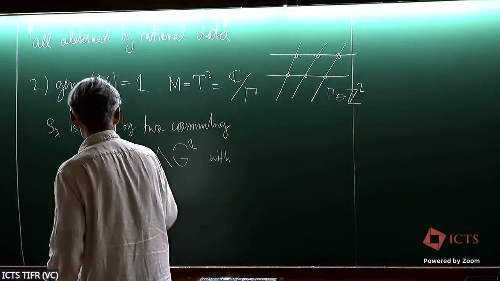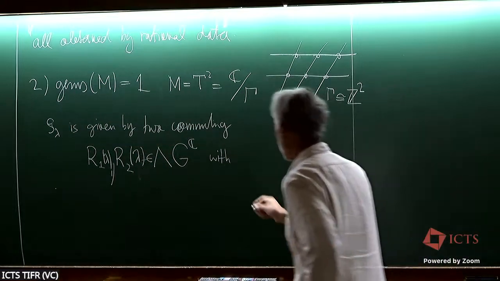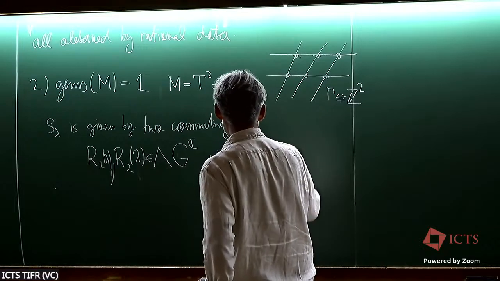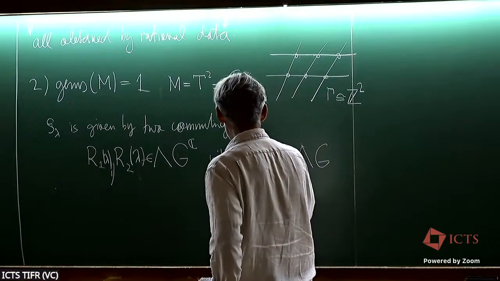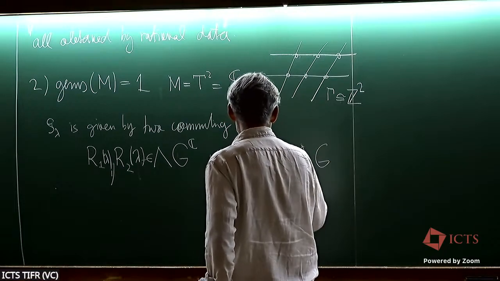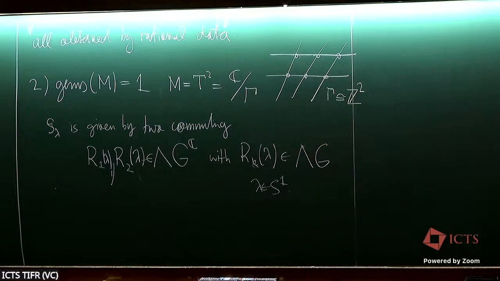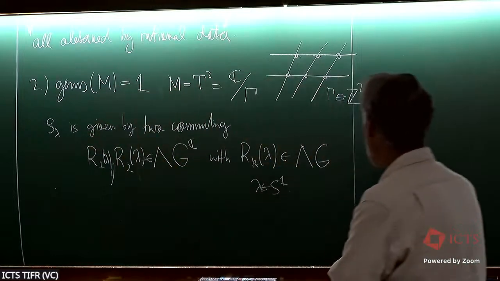They are lambda dependent because they live in the loop group, right? With the property that, of course, R1 of lambda and R2 of lambda are in the real group for lambda in S1. So we will see this is a good condition, or at least we need to encode this somehow, otherwise you're not getting back the representation into the real group.